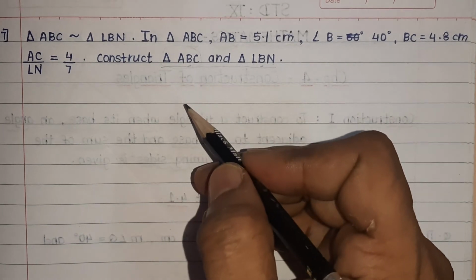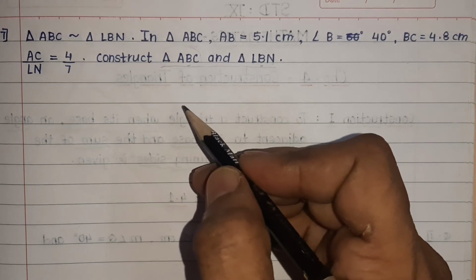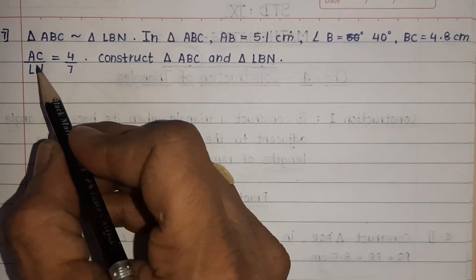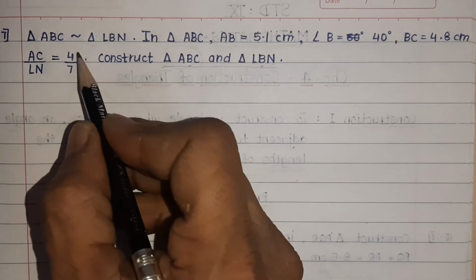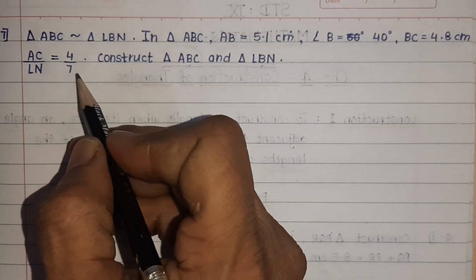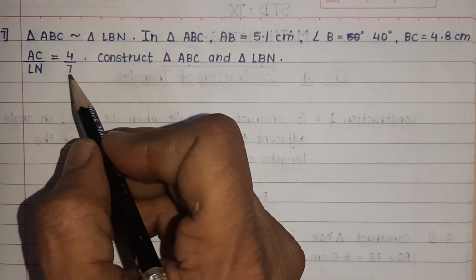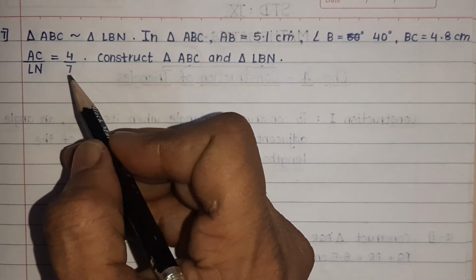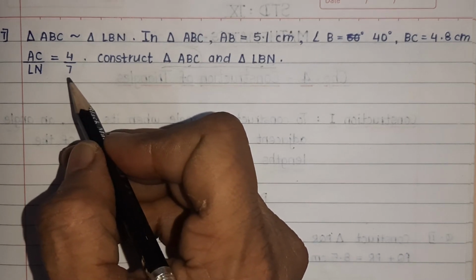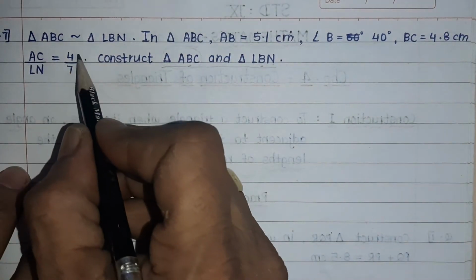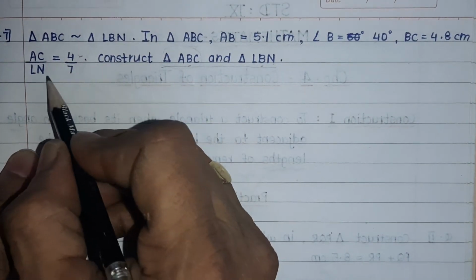Dear student, first of all, see the ratio. AC upon LN is 4 upon 7. That means length AC is 4. Suppose it is 4 and LN is 7.